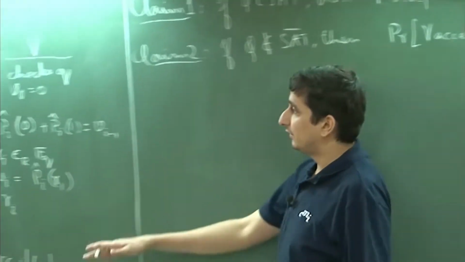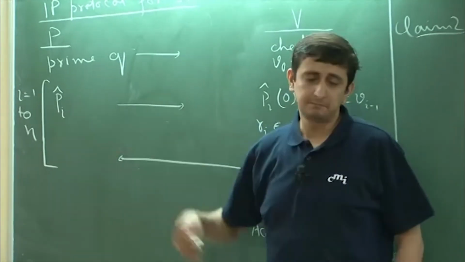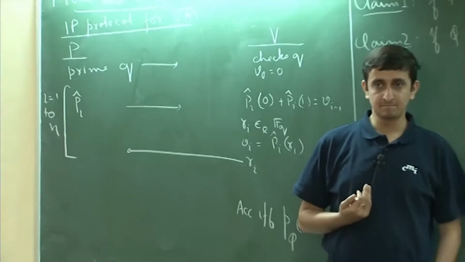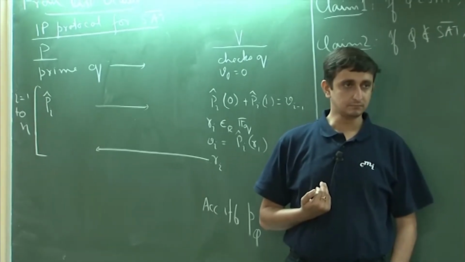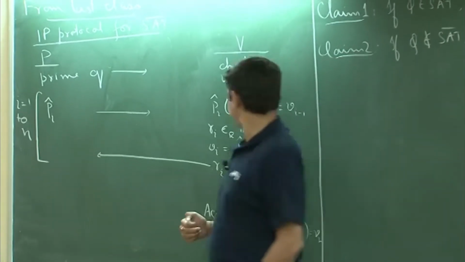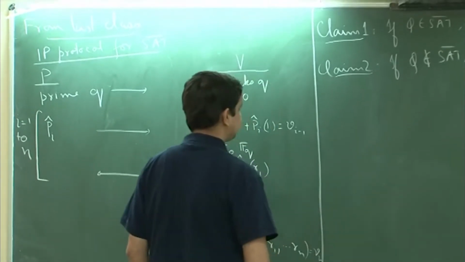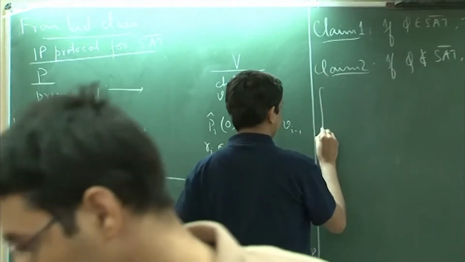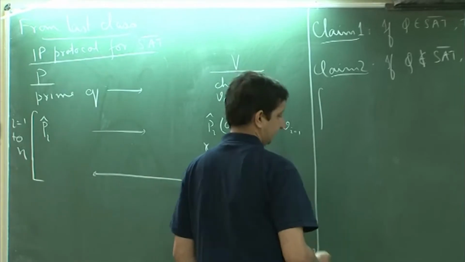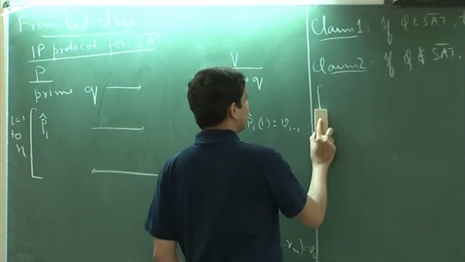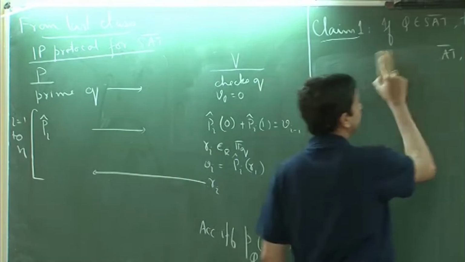Which polynomial will he send at, let us say, the first step? So, I will just erase claim 1 and claim 2 for the time being.